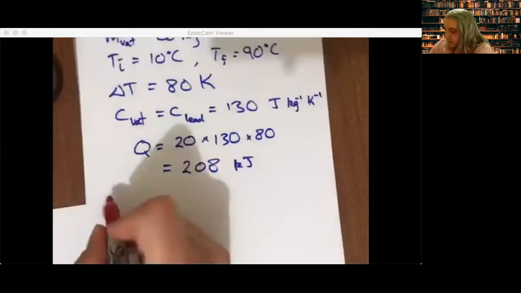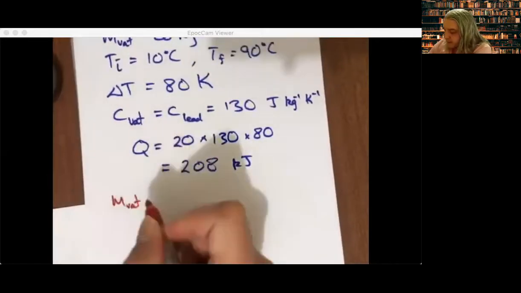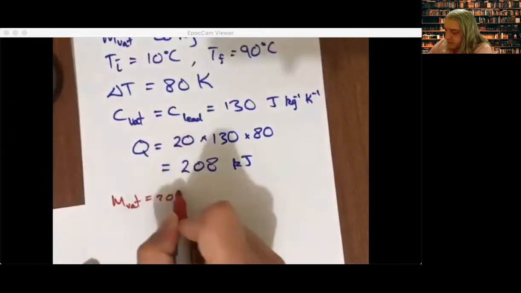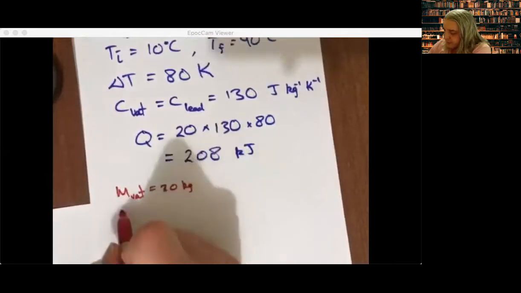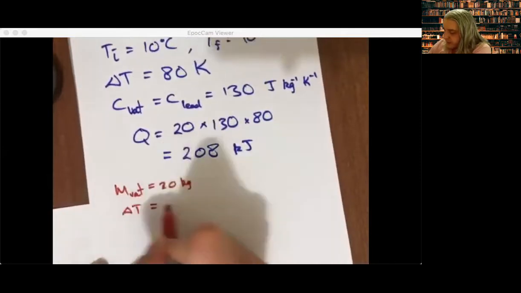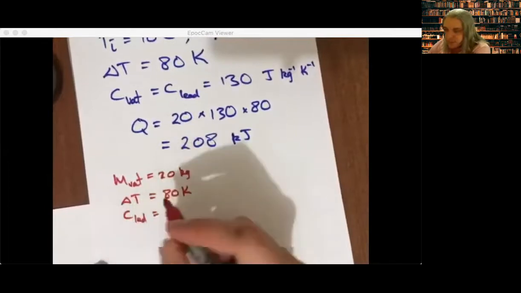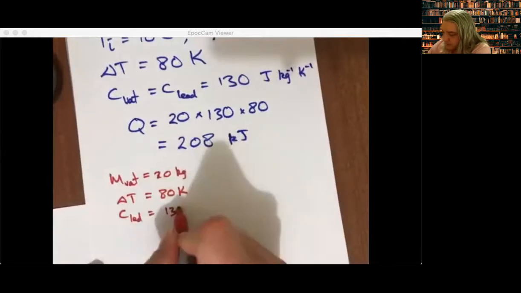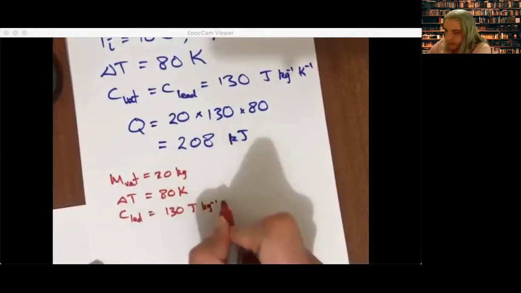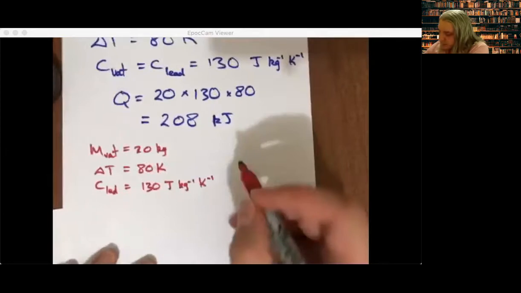We've now got m vat is still the same, 20 kilograms. We've got the delta T still the same of 80 Kelvin, and we've got the C of lead is still the same, which is, what did we just say, 130 joules per kilogram per Kelvin. And now we've got to do the water as well.